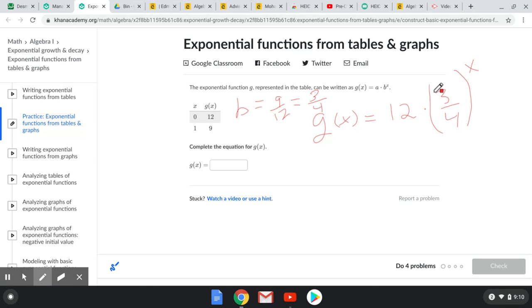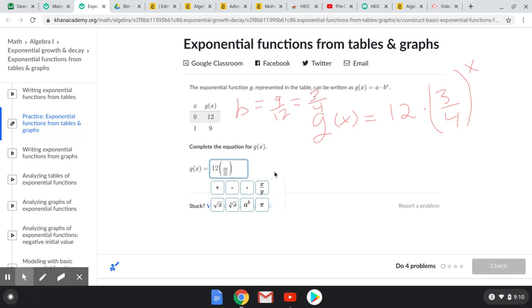It applies to the whole thing. So I need those parentheses. So I'm going to switch to my pointer, and then, so I have 12 times the fraction 3 over 4 to the x power.